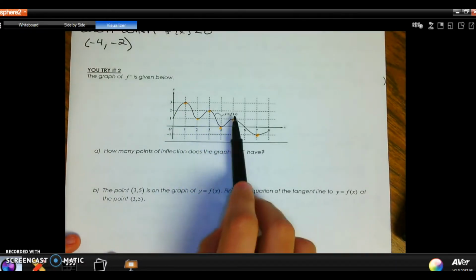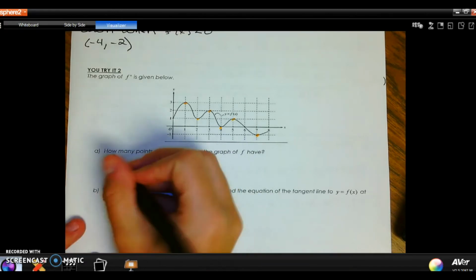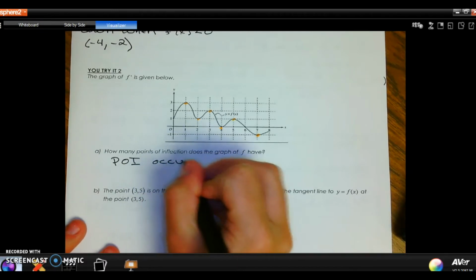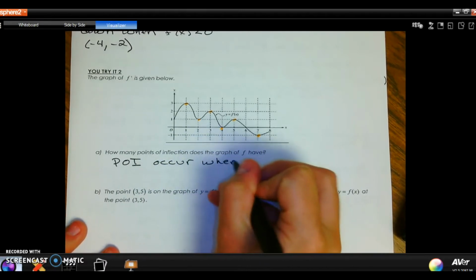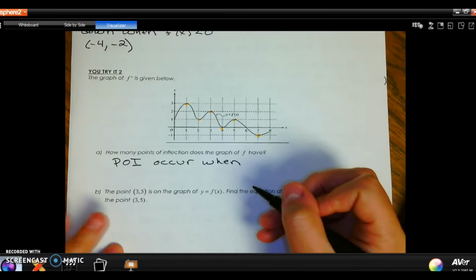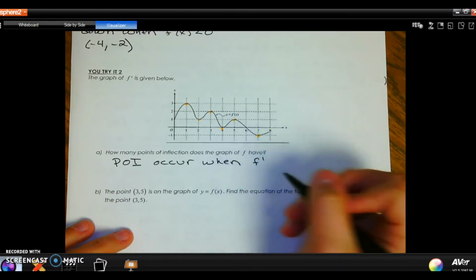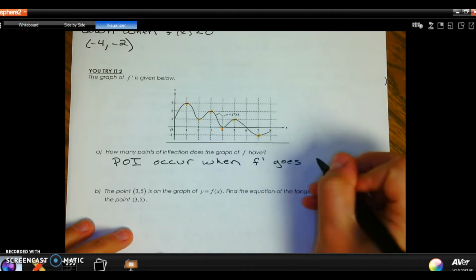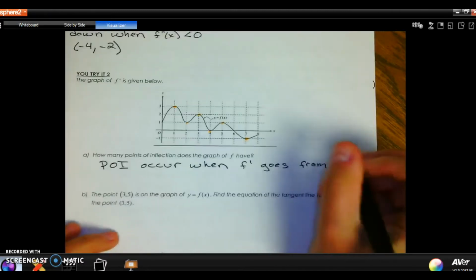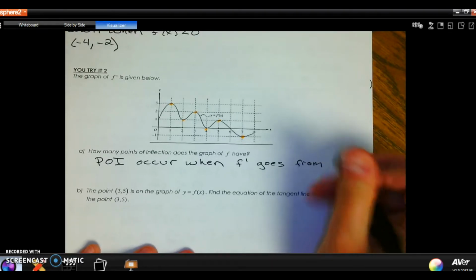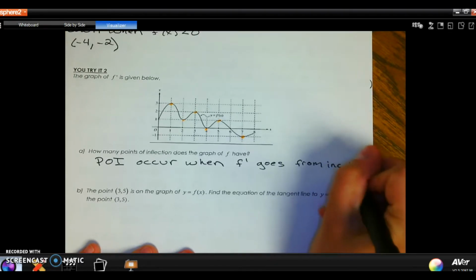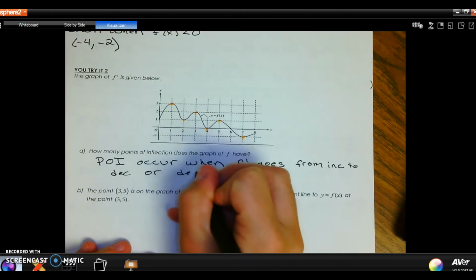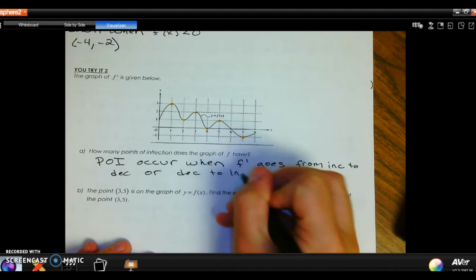1, 2, 3, 4, 5, 6 points of inflection. So POIs occur, and again, there's two ways that you can think of it. I think of it as when the derivative goes from increasing to decreasing, or from decreasing to increasing.